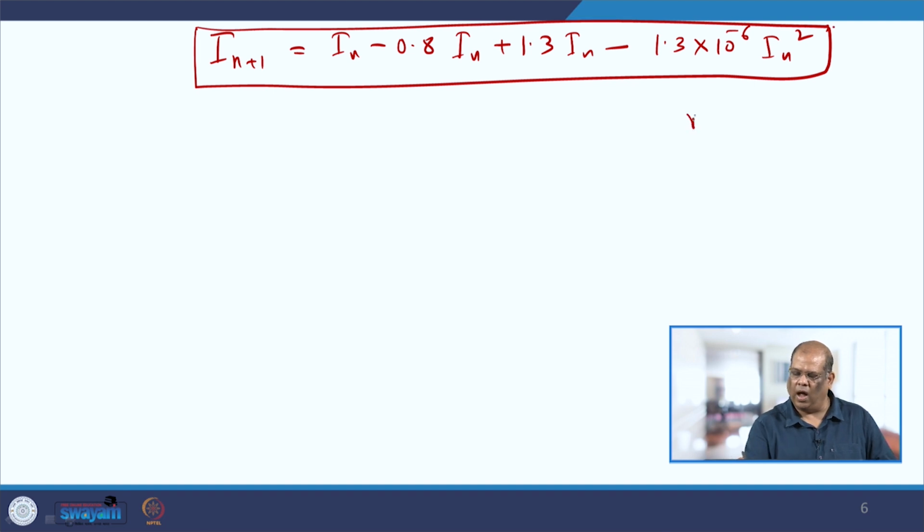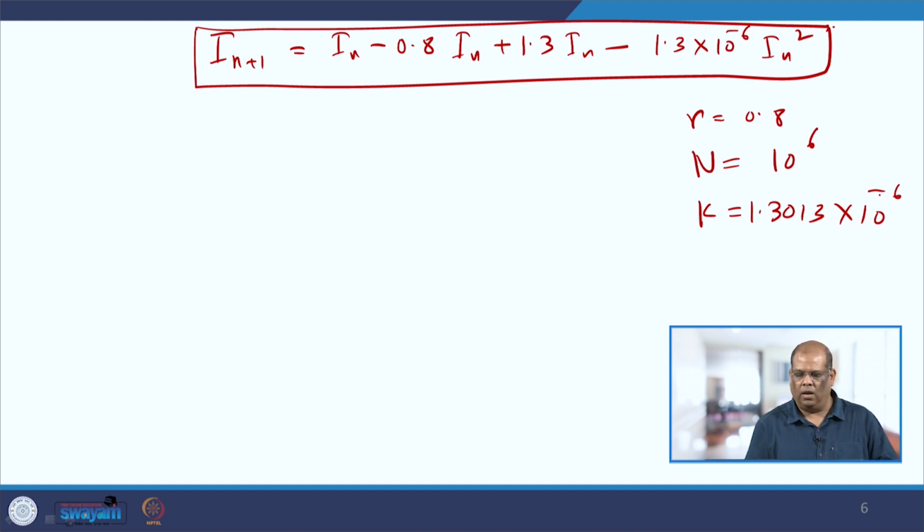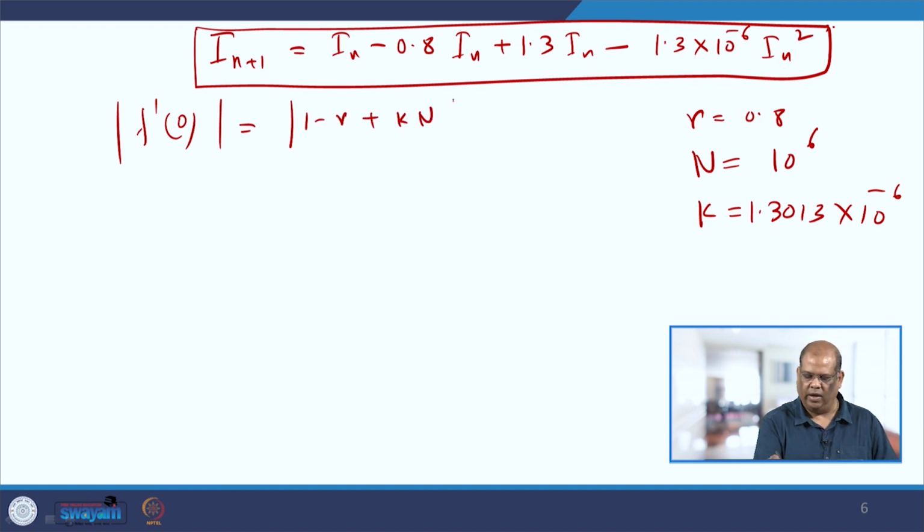So, the value of r is 0.8, the value of n is 10 to the power 6, and the value of k is 1.3013 into 10 to the power minus 6. Now, if you recall the stability condition, it says that mod of f dash 0 is equal to 1 minus r plus k times n.